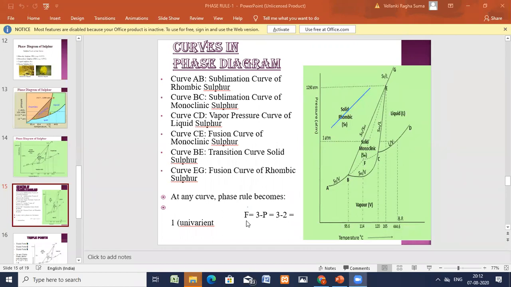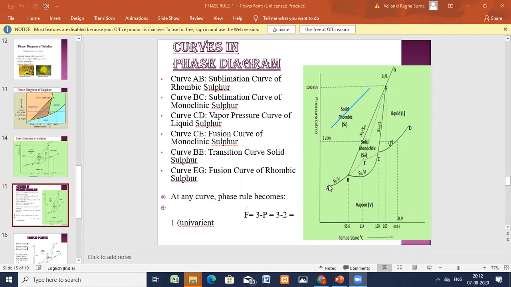Now, for all the curves in the phase diagram, the same phase rule applies. F is equal to C minus P plus 2. C is 1, so 1 plus 2 is 3, 3 minus P. How many phases?